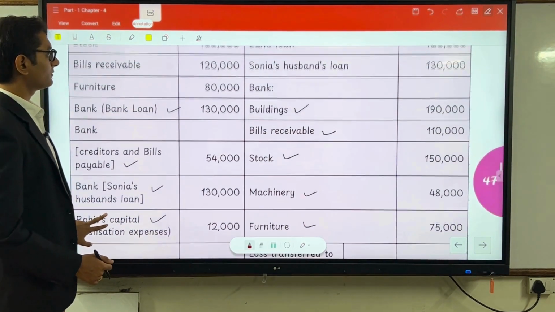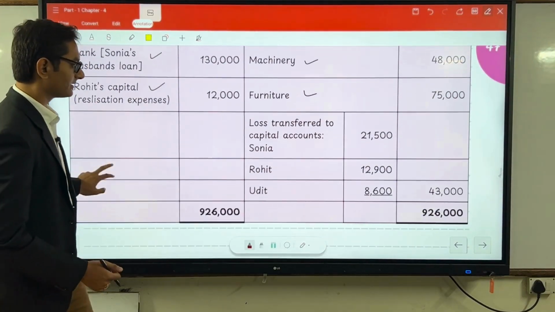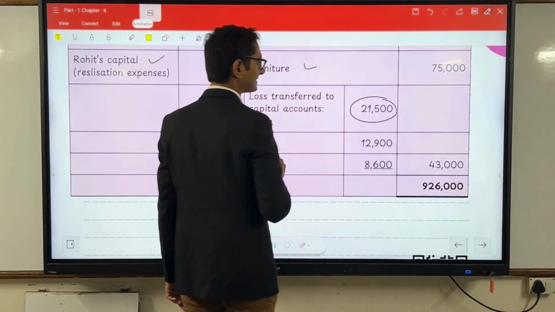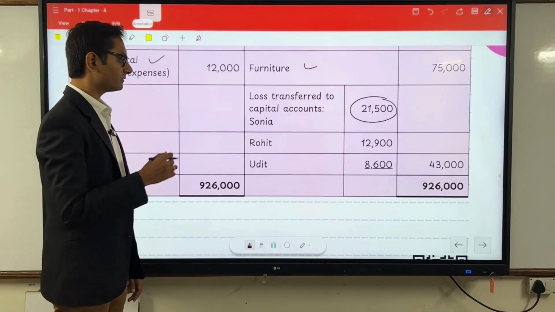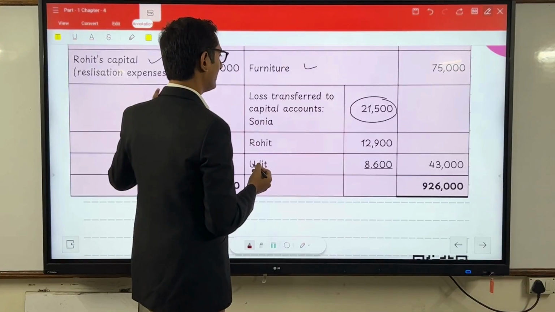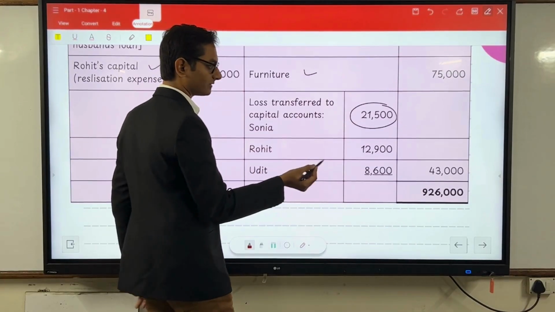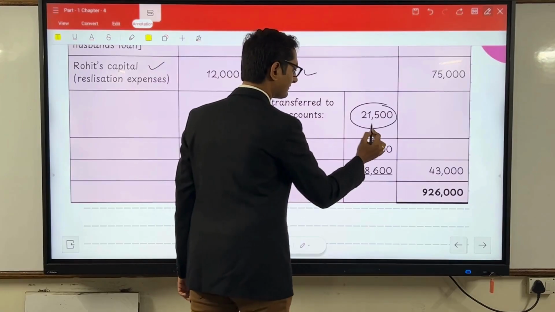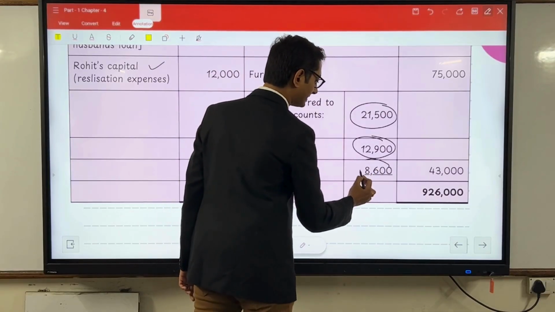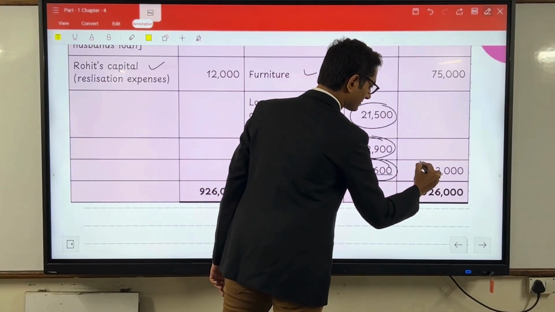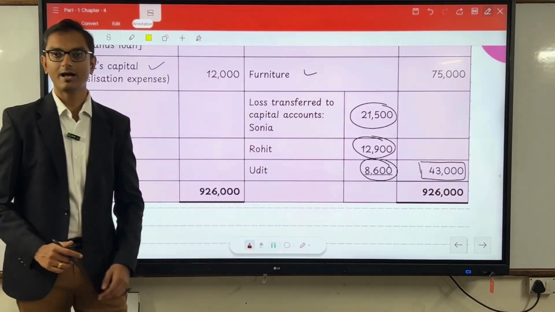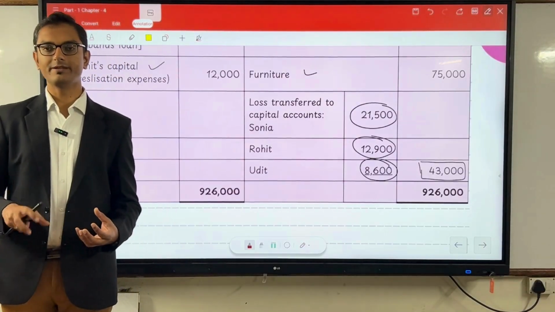Now after closing the accounts we come with the loss of 43,000 that is supposed to be distributed between Sonia, Rohit and Udit in their profit sharing ratio. सोनिया को मिलेगा 21,500, रोहित को मिलेगा 12,900 एंड उदित को मिलेगा 8,600, and total loss of the firm is 43,000 after all the adjustments, after realizing assets and liabilities are paid off.